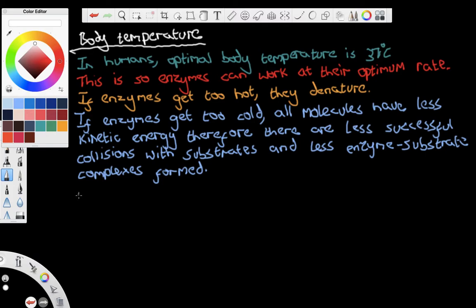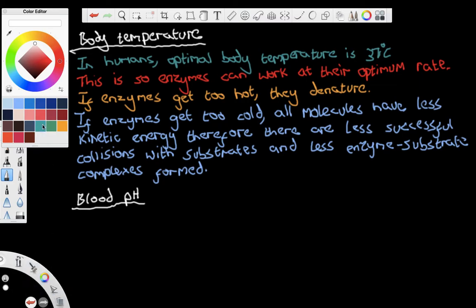Our next one is blood pH. Now, the blood contains lots of different substances which can both raise and lower its pH.